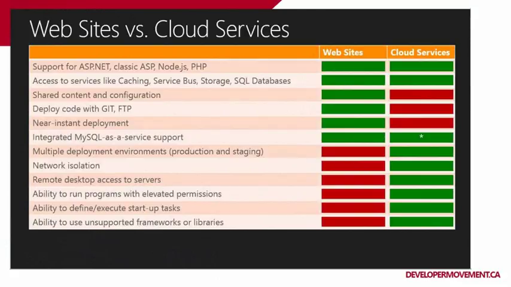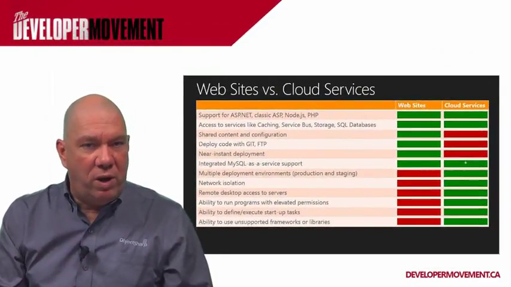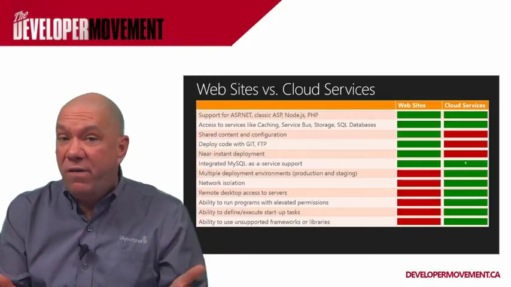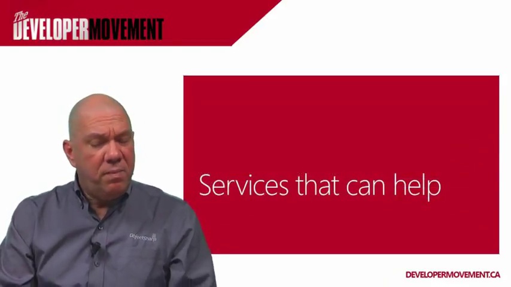So again, because websites is presented to you as a machine that already has stuff running, you don't get to deploy, hey, I've got a third-party component I want to include in my web application. You don't get to do that inside of websites if it requires a server install, okay? Whereas I do have that capability in cloud services. So there's a little bit of a trade-off in terms of what happens to be offered, and there's benefits to both sides, and so the choice you have to make is which way you're going to end up going.